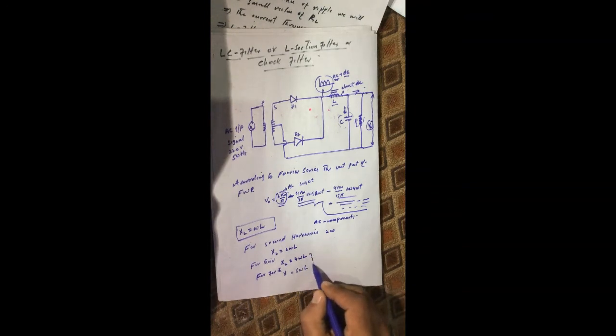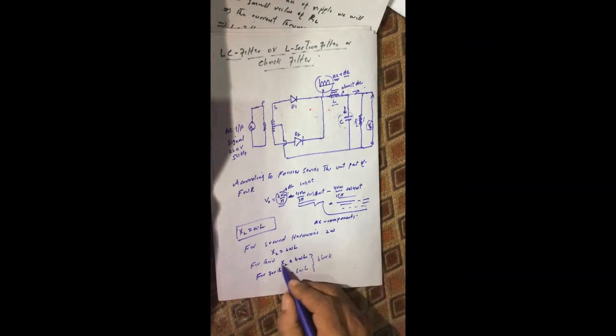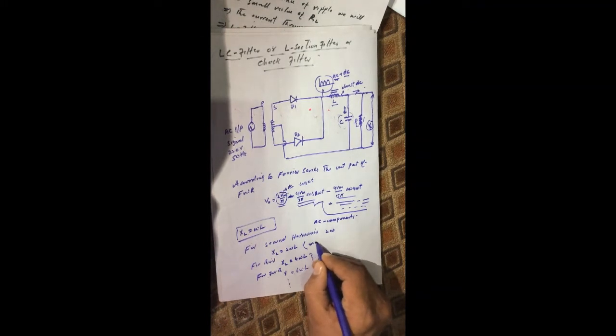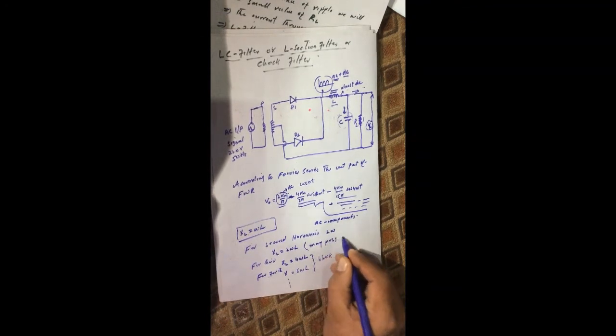So it means that this inductor will block the third, fourth and higher harmonics, and the second harmonics may pass through the inductor.